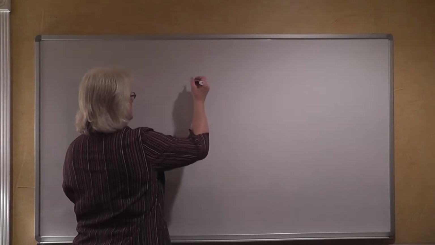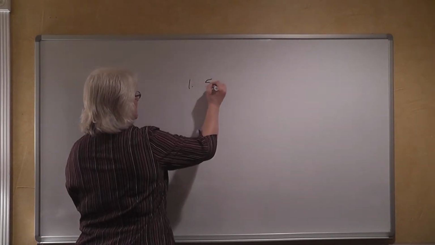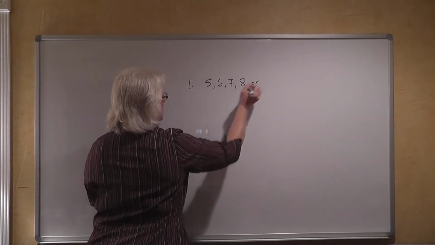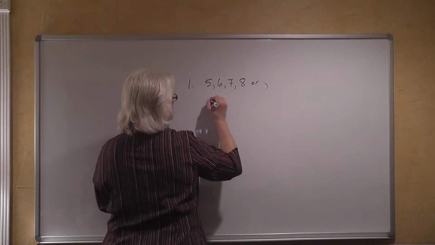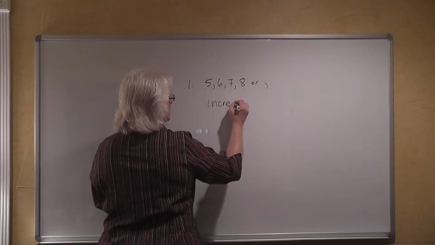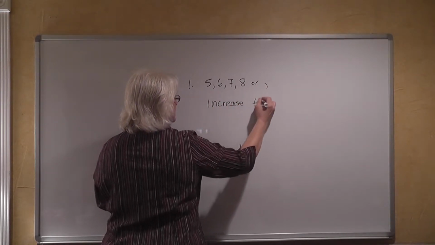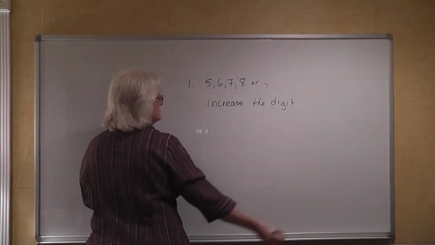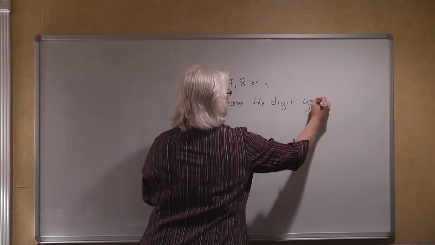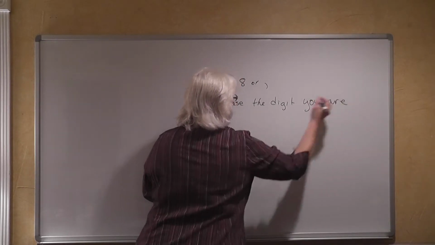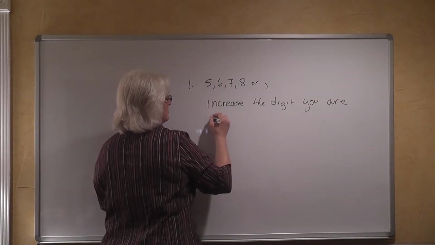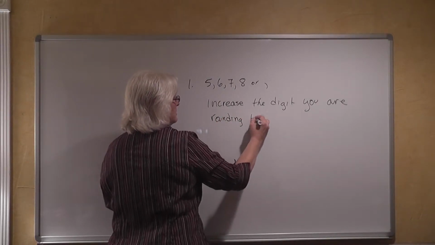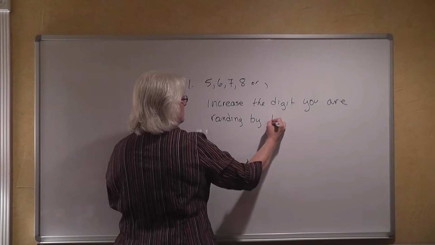If the digit is 5, 6, 7, 8, or 9, increase the digit you are rounding by 1.